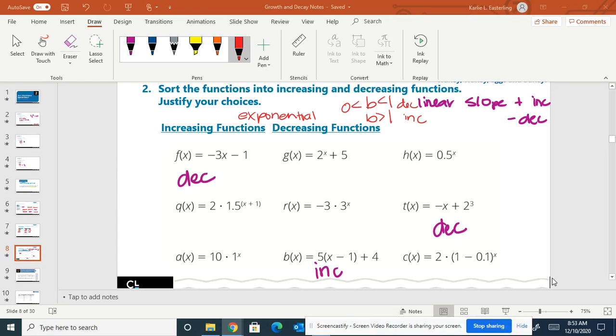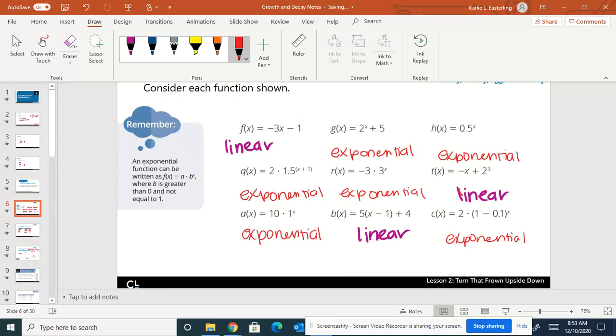All right, and that b value comes from the exponential equation. An exponential equation is y equals a times b, which we should probably put a dot instead of a times, because it looks like an x. So a times b to the x power, which I probably should have gone over earlier whenever we were talking about these. But these are all a times b to an x power.